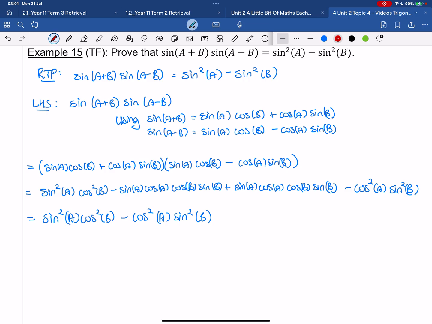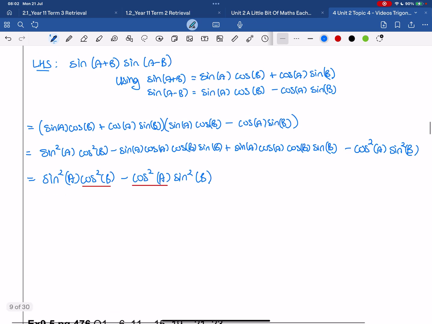Now, that's not too far off from the sine squared a minus sine squared b, except that I've got these cos squareds over here. But I know that there's another identity that I can use, which is my Pythagorean identity, which says that cos squared of b is just going to be 1 minus sine squared of b, and cos squared of a is just going to be 1 minus sine squared of a.